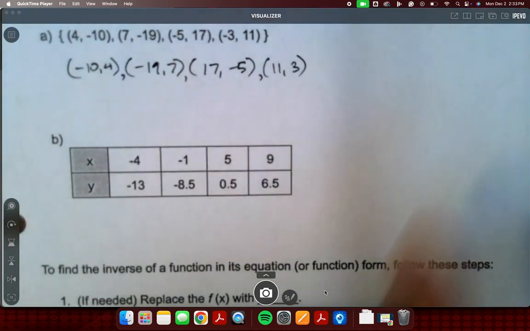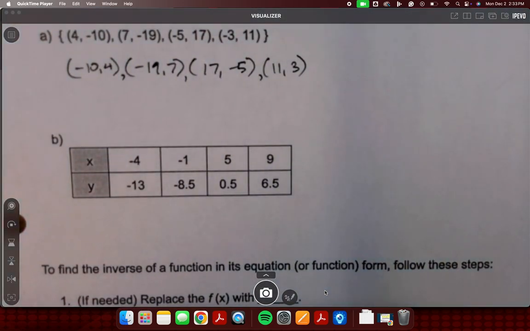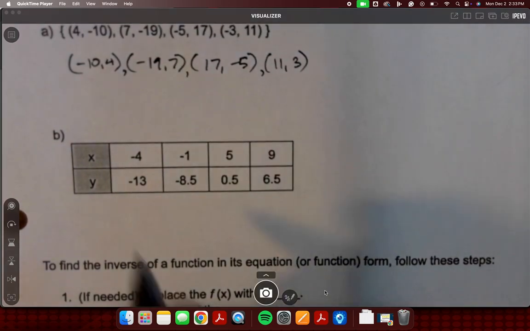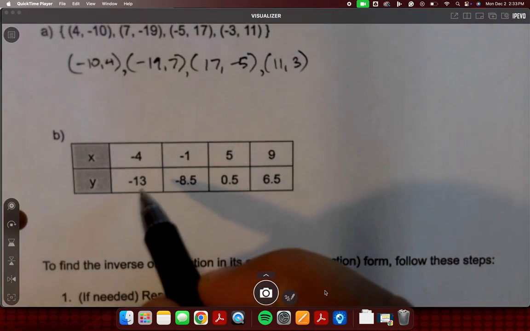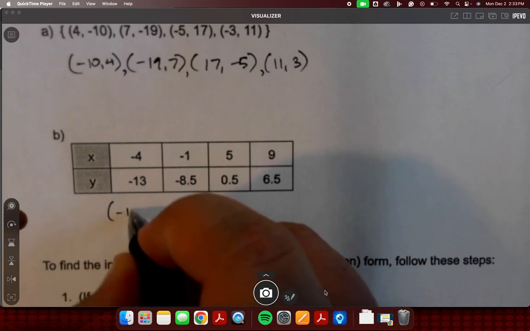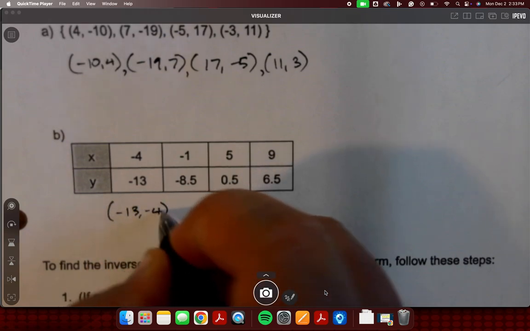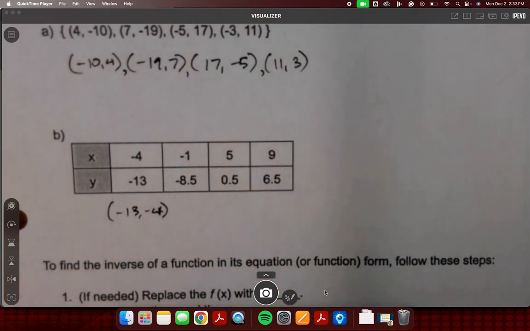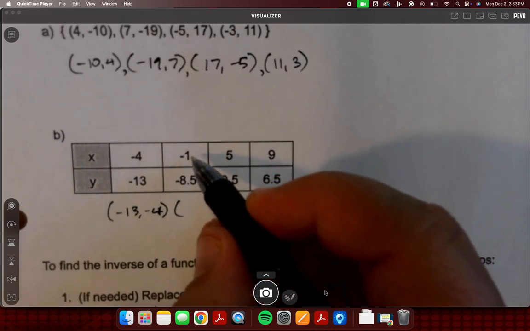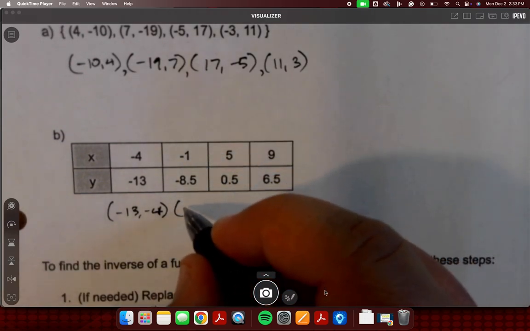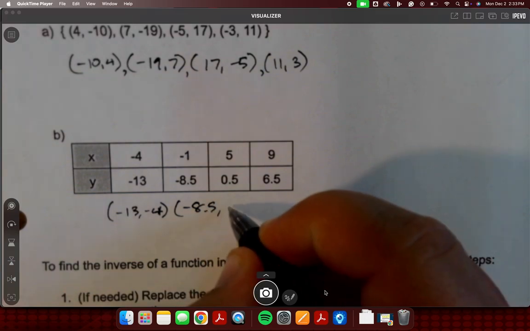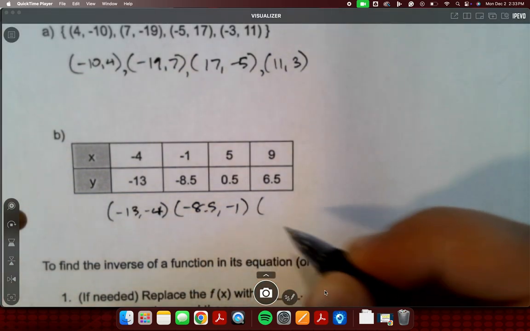Okay, with a table, we'll do the same thing. So right now the x is negative 4, the y is negative 13, so we'll flip that and make it (-13, -4). Here the x is negative 1, the y is negative 8.5, so we flip it, make it (-8.5, -1).